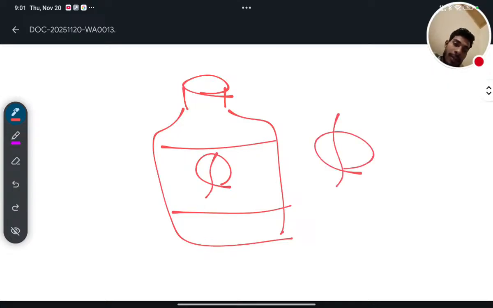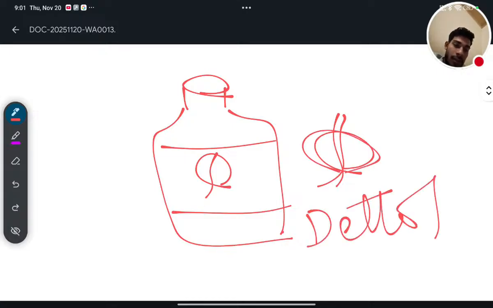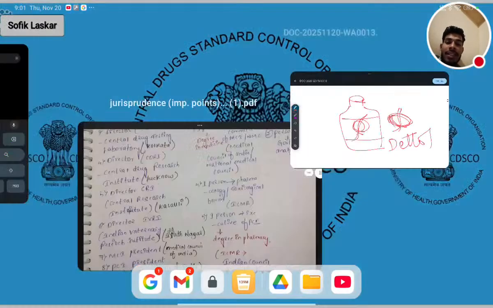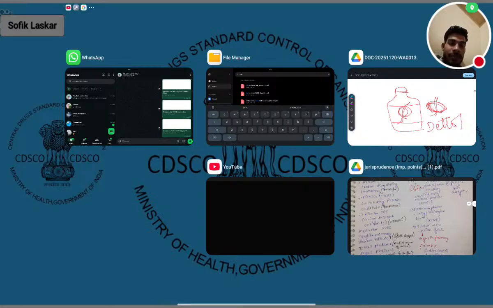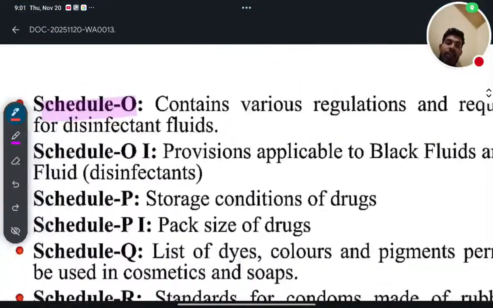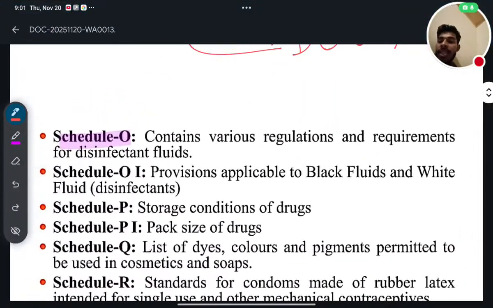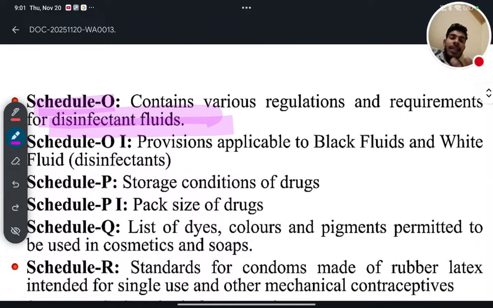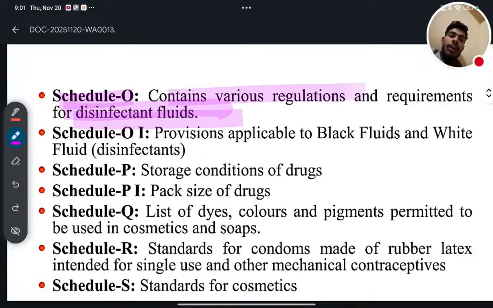If you remember this symbol on the bottle of Dettol, you can very easily remember Schedule O. Schedule O contains various regulations and requirements for disinfectant fluid, such as Dettol and all these things.